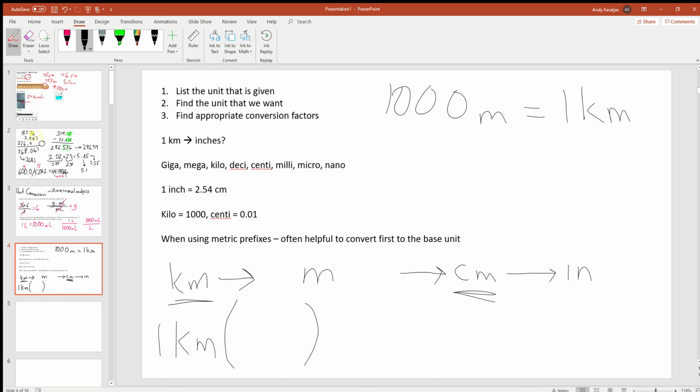The only thing we have to figure out is when we set up our conversion factor, are we going to set this up with kilometers on the bottom or meters on the bottom? Since kilometers here are already on the top, we want them to cancel out, and so we will put kilometers on the bottom. Now, our kilometers cancel, and we will be left with meters. So we get 1,000 meters.